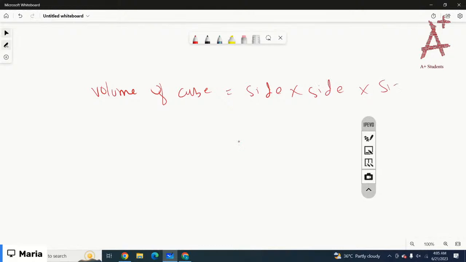You have to multiply side 3 times. So that is a cube. All side lengths are exactly equal. So it would be 6 times 6 times 6. It would be 36. That would be 216. Got it? So that means the correct option is 216.